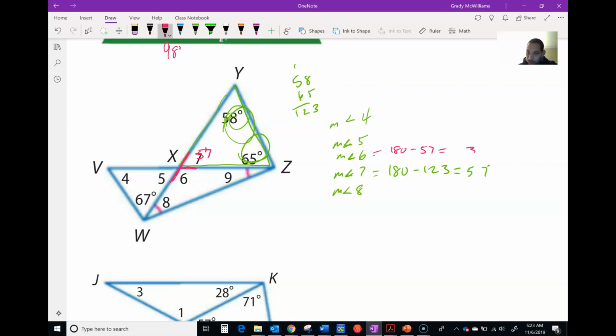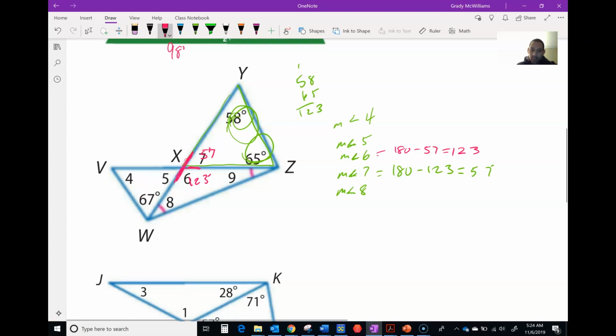That would mean that I need 123 degrees. 123 and 57 together will make the straight angle right there of 180. Hopefully I haven't lost you too much. So inside this triangle is 180, and next to each other is 180. Okay, so I figured out that should be 123.